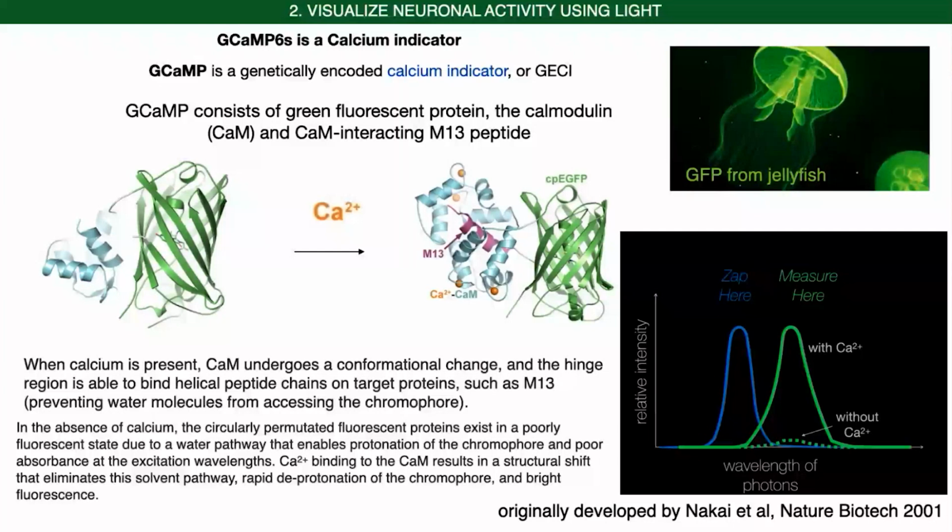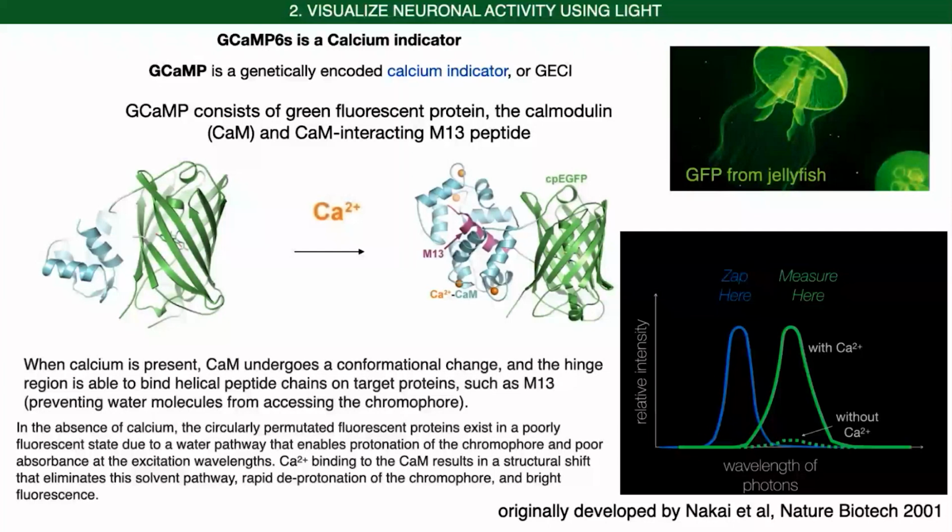And here in the graph on the right side, on the bottom, you can see what is happening when you turn on the light. You shine this area with the blue light, and you should have the response of the GFP. But without calcium, this response of the GFP is very low, because of the conformation of the GFP, which is in a poorly fluorescent state due to a water pathway that enables protonation of the chromophore.